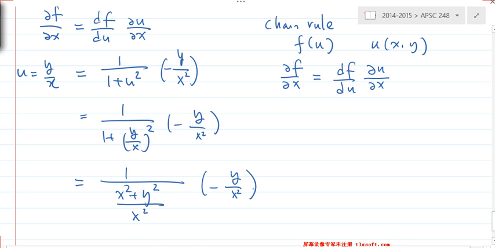That make sense? No? Why not? You really get to this. What does this equal to? Okay, right? So bring this x squared up to here.